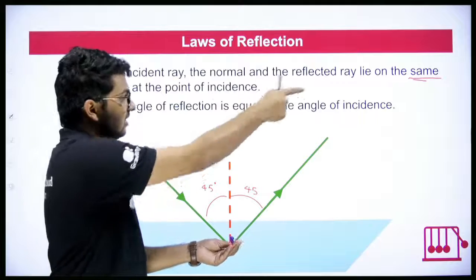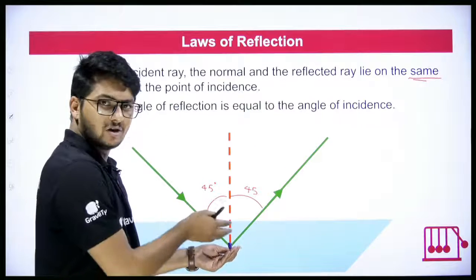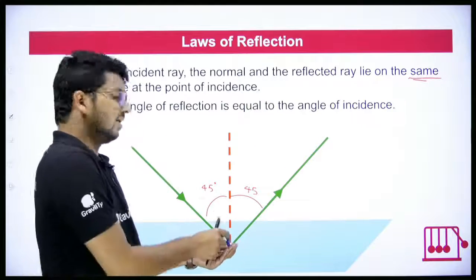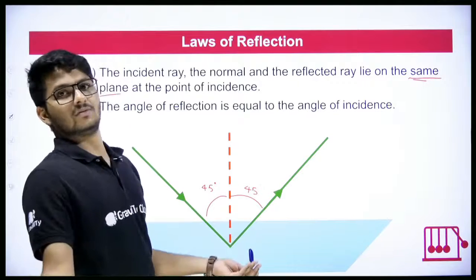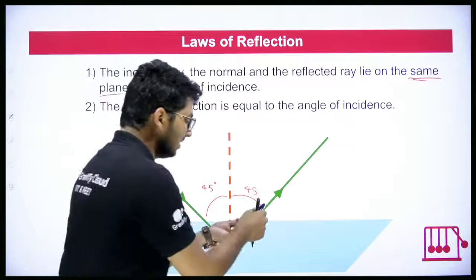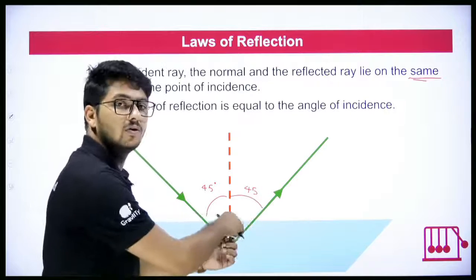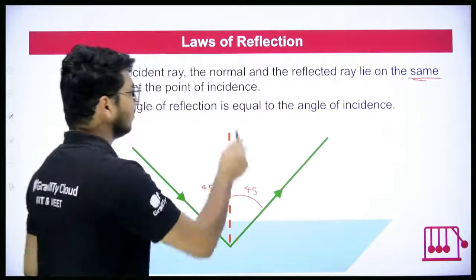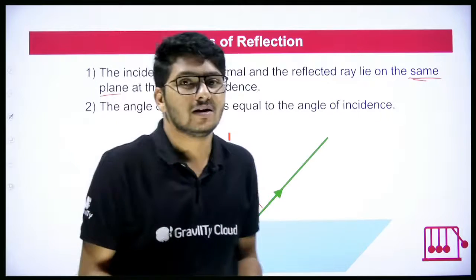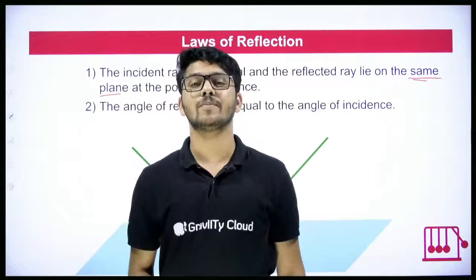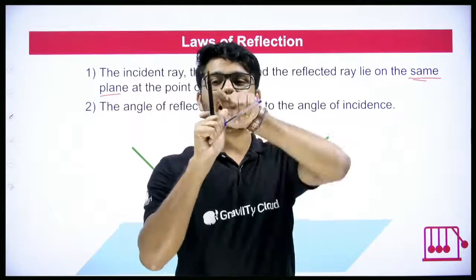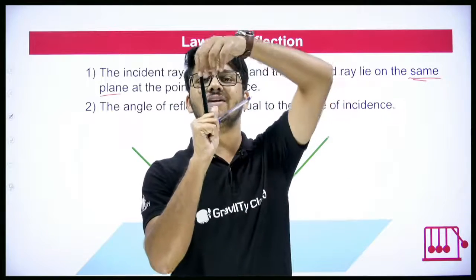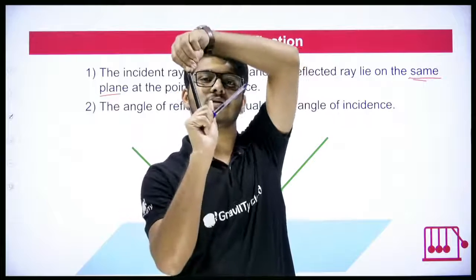Angle of reflection is equal to angle of incidence. Incident ray, normal, reflected ray, it is true. So it could be this, or this, or this. If you only tell the angle, it is not enough. If this is the normal and this is the reflected ray at 45 degrees, the reflected ray could be anything.